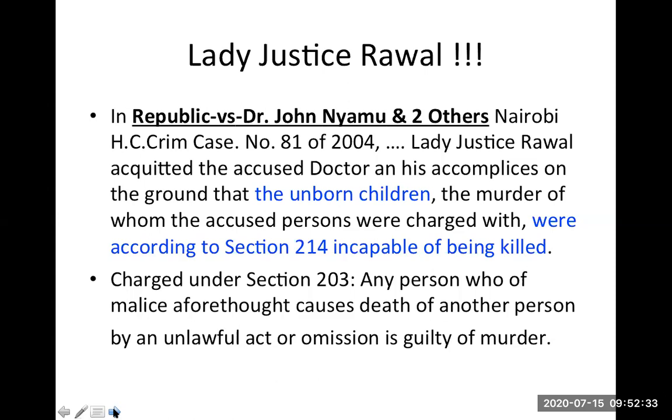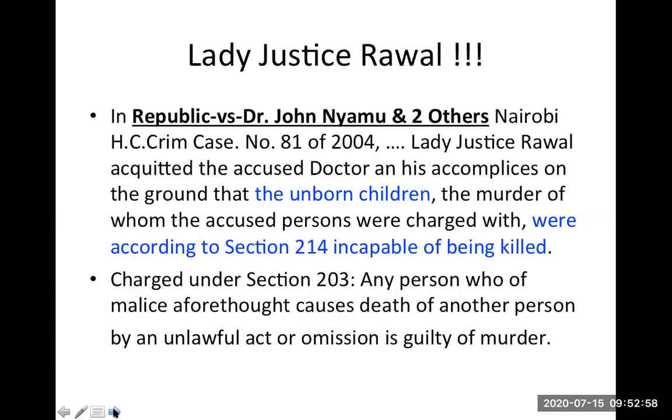Lady Justice Rawal acquitted, meaning she set him free, on the grounds that the unborn children, the murder of whom the accused person was charged with, were, according to Section 214, incapable of being killed.